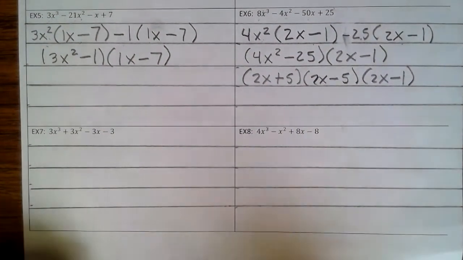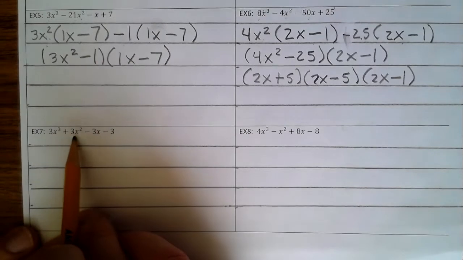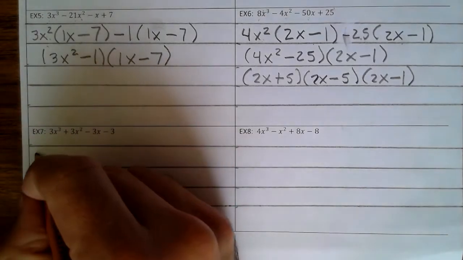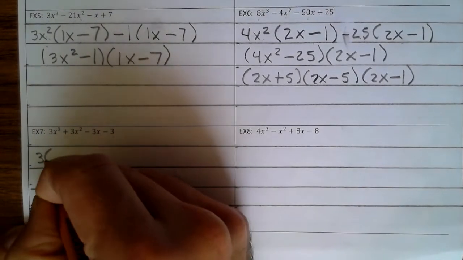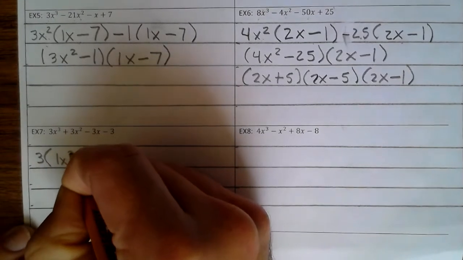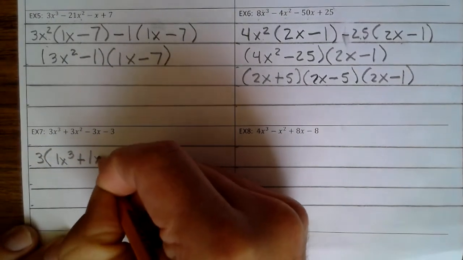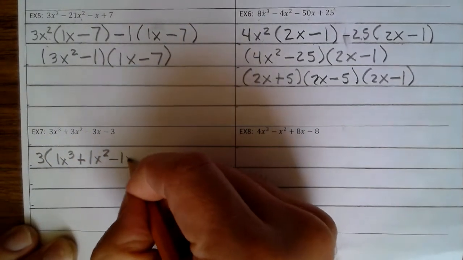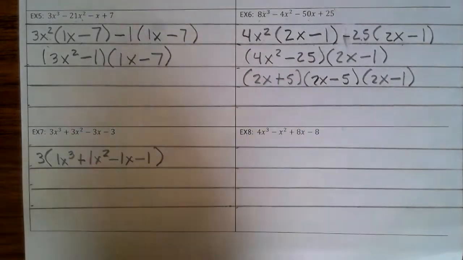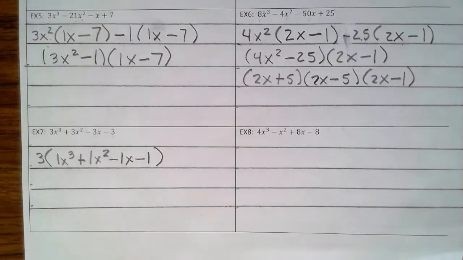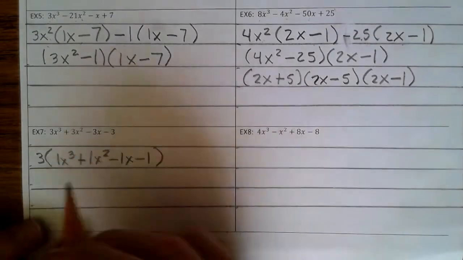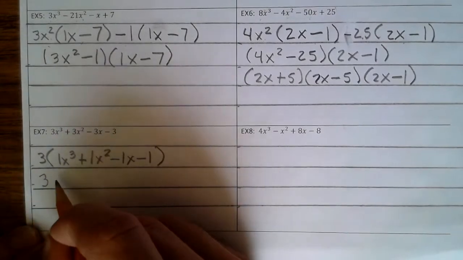All right, example 7. Now here we can actually factor out a 3 from all the terms. So if we divide everything by 3, that's 1x cubed plus 1x squared minus 1x minus 1 equals 3. Now we're going to factor by grouping.